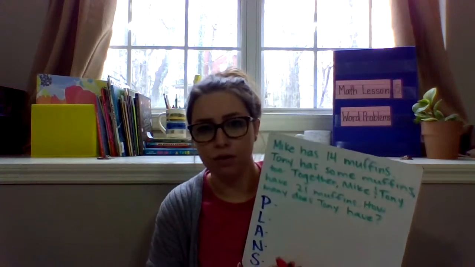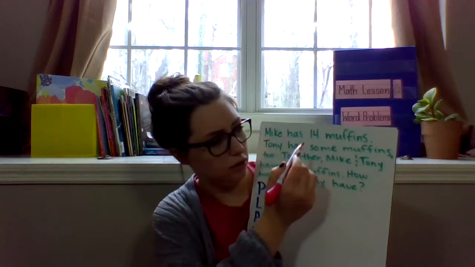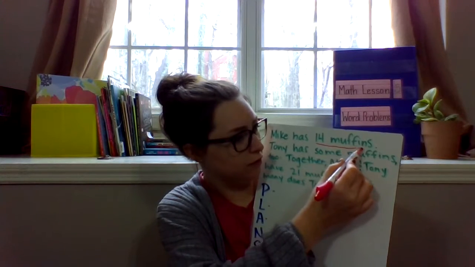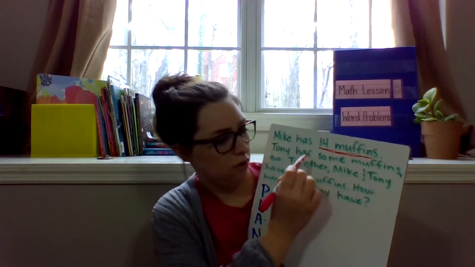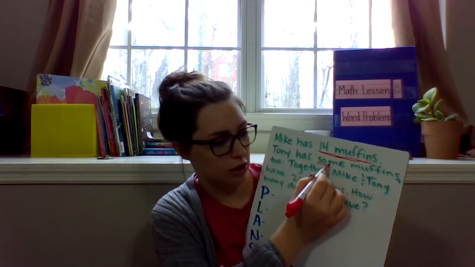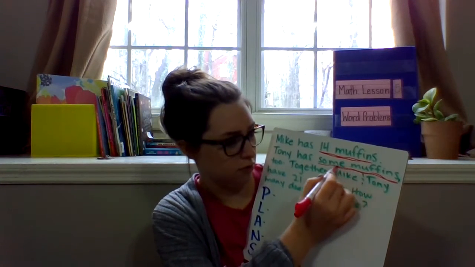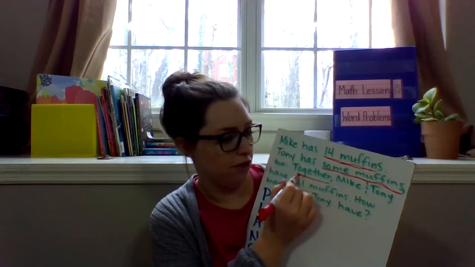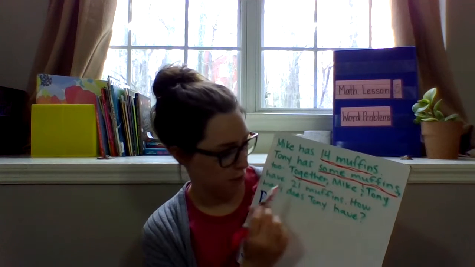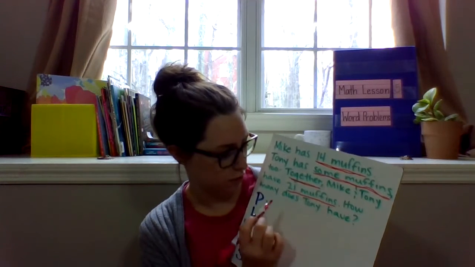So let's go through and label the important numbers. Okay. We know that there's 14 muffins. We know that Tony has some muffins. We know that together, that's a good word to think about, Mike and Tony have 21 muffins.